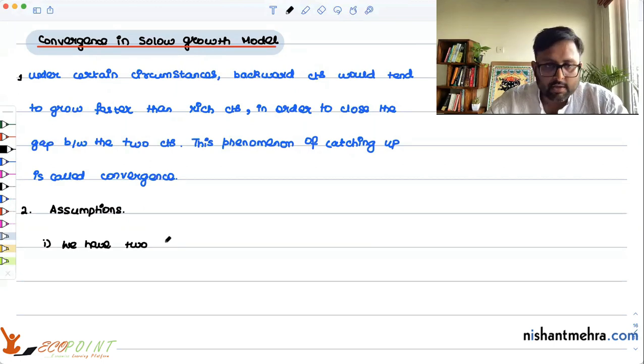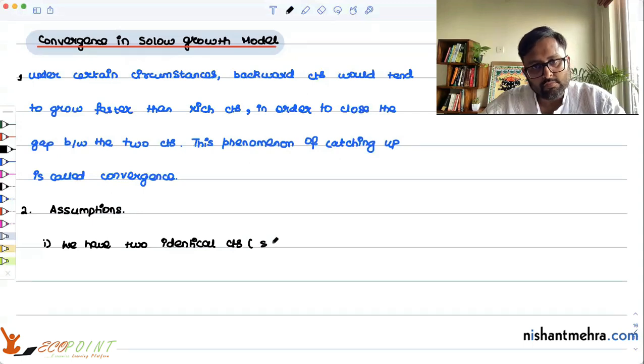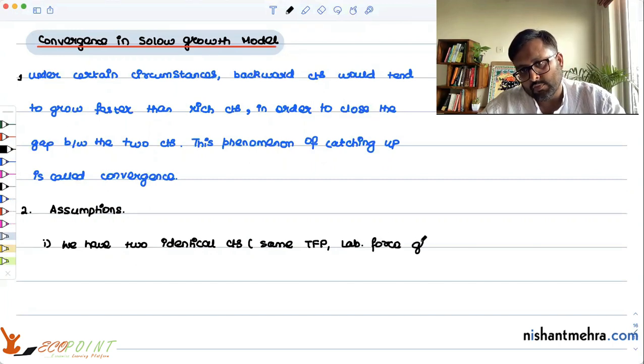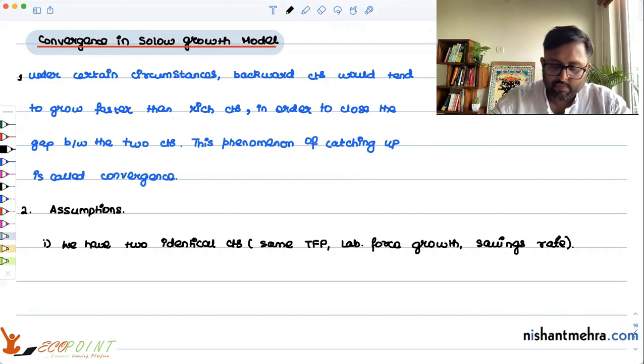So the assumptions: we have two identical countries, same total factor productivity growth, labor force growth, savings rate, right?